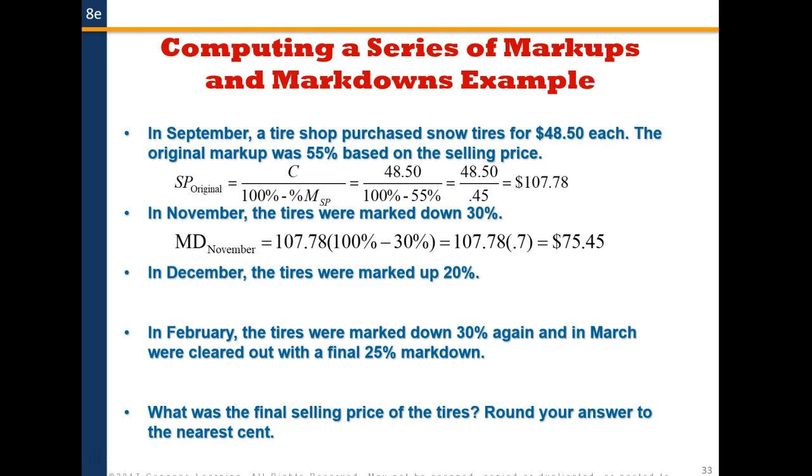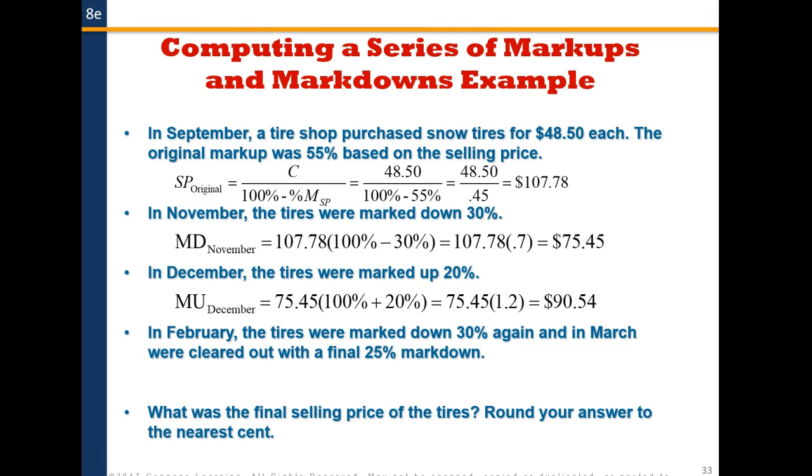So multiply those two, and the tires then cost $75.45. That's the new selling price from this point. So from $75.45, they were marked up 20% in December.